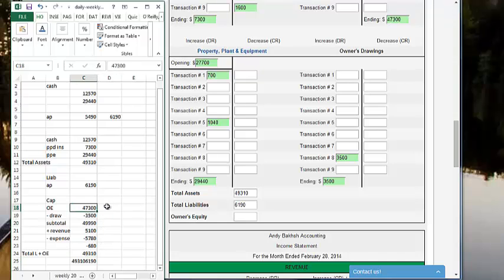It would be my owner's equity, my drawing, minus my 680, total owner's equity, wish you were in class with me holding a calculator.